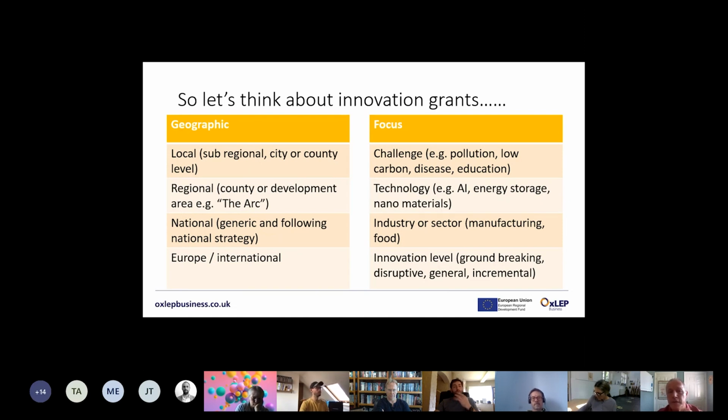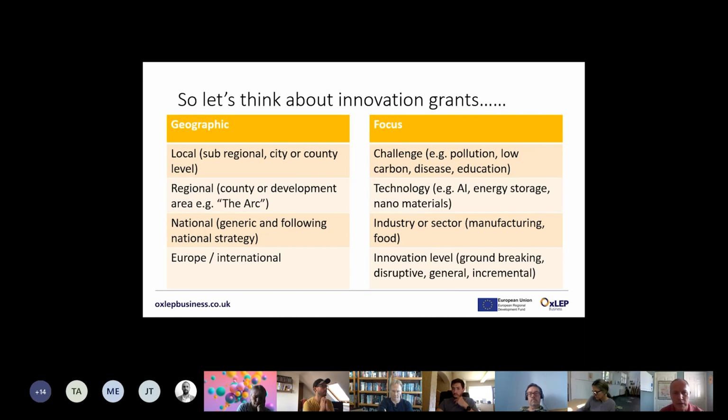So you look for funding schemes, regardless of your technology, perhaps, that are addressing, for example, pollution, low carbon, aging population. Or you look for schemes that do address your particular technology, energy storage, or industry, for example. So these are just two simple ways of breaking down the task.